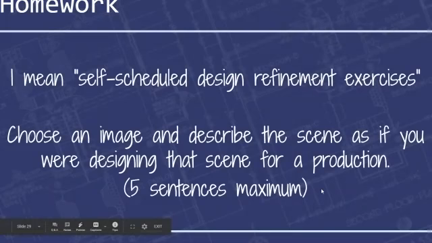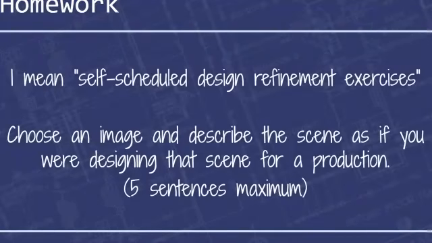and describe that scene. So if we were describing the train scene before, as if you were designing that scene for a production. So try to get as much of what the scene is into a text format that you can read.